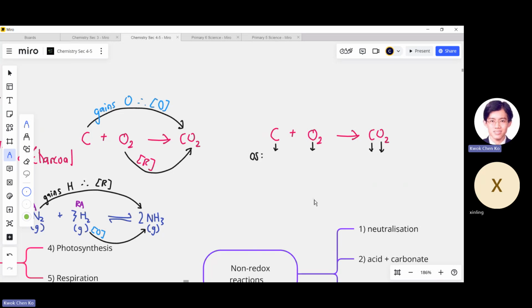Look at rule A. Do I have any elements? Yeah, I do. Carbon is an element, so I immediately put 0. Oxygen, O2 is an element too. 0. But this is not an element. CO2 is a compound. So I look at which rule? I have oxygen, right?